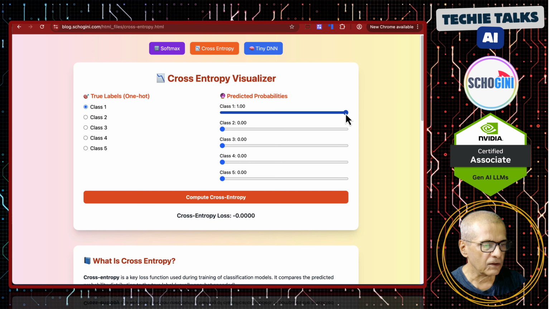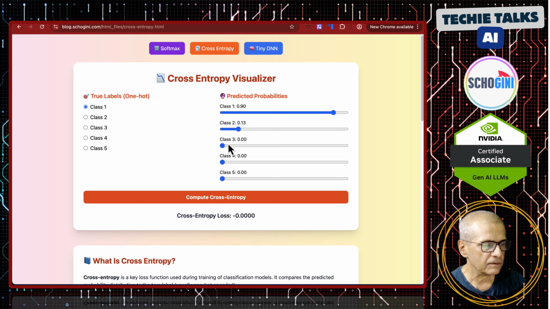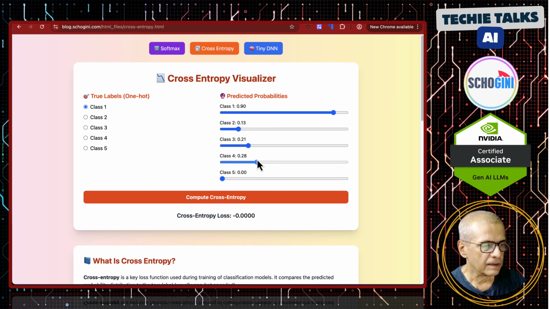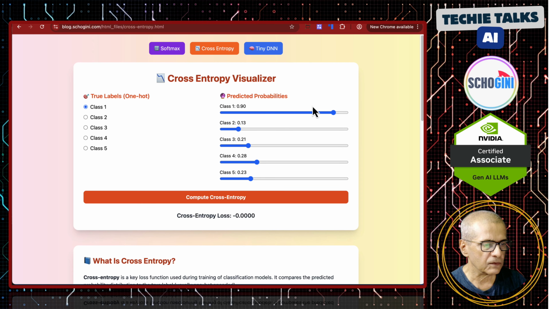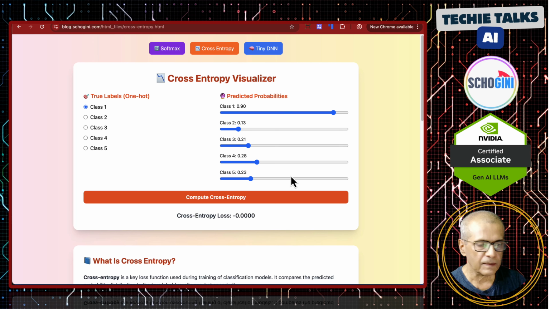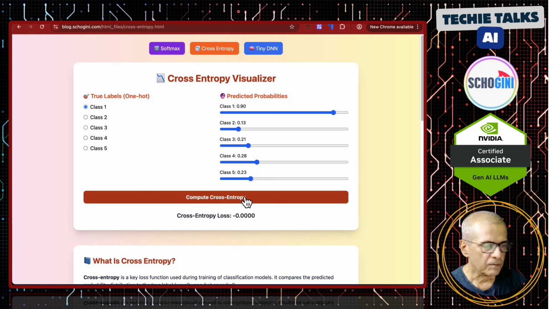Now, if this is not that confident and other values have some probability, these sliders don't add up to 1, so please ignore that part, but this is the idea. So this has got 0.9, so it is still a good prediction, but there is loss.